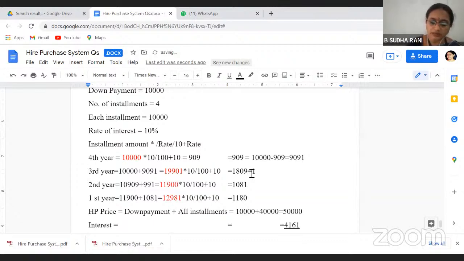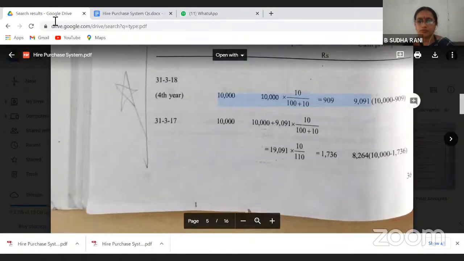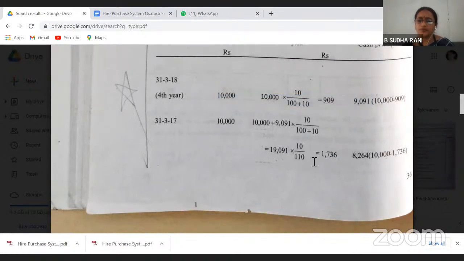From the 19,091 minus 18,3. Okay, 1736. How come he gets 1736?